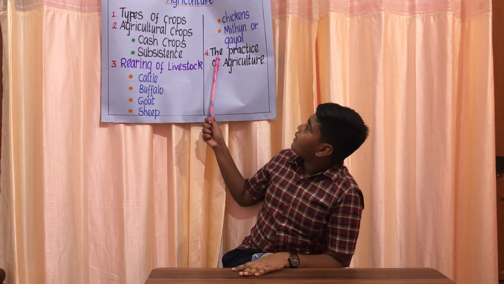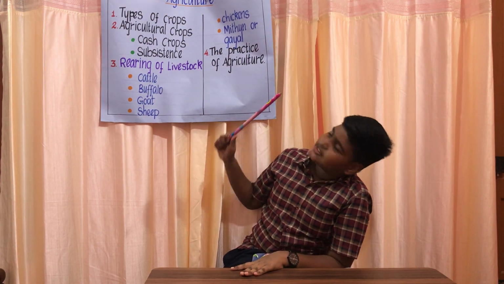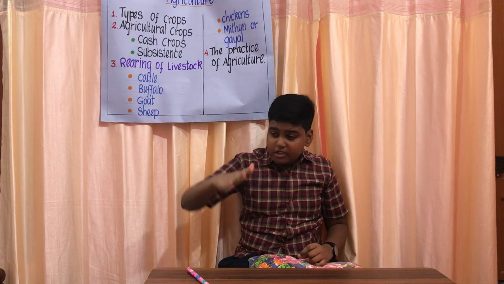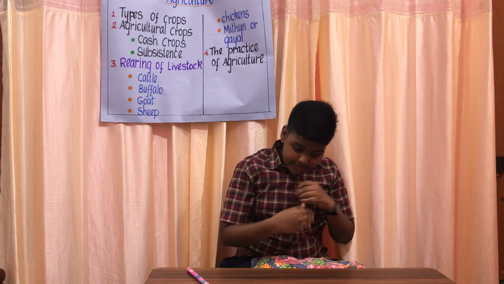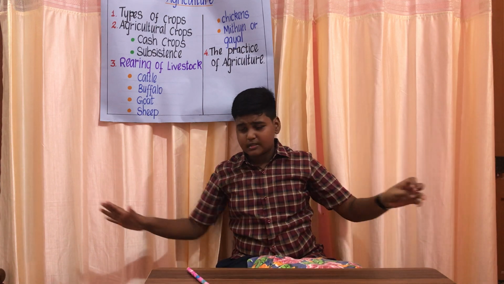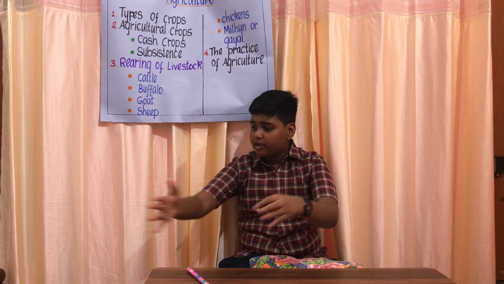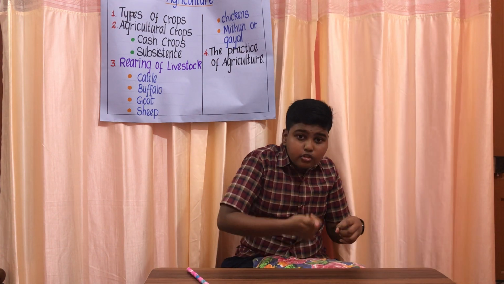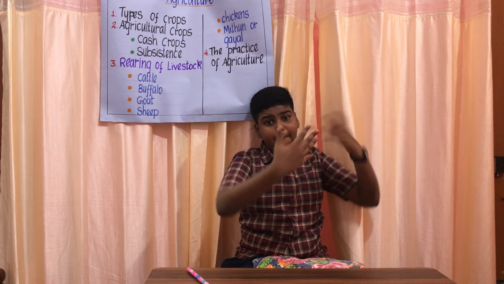Now we are going to learn about the practice of agriculture. The population of people is increasing in the world, and everyone needs food to eat. So in many parts of the world, land needs to be covered for agriculture. Farmers need to make sure they produce both quantity and quality of crops. Quantity means a large amount.